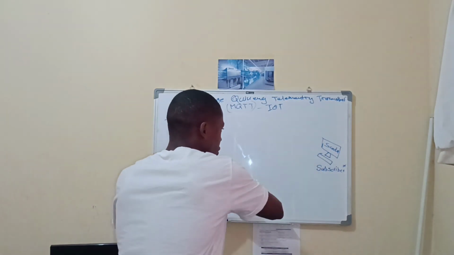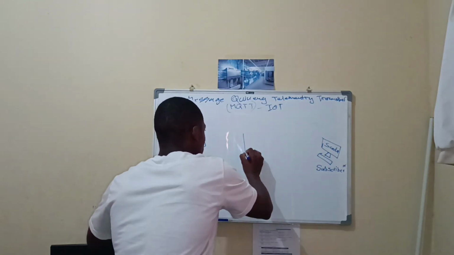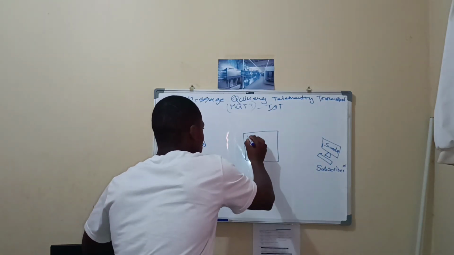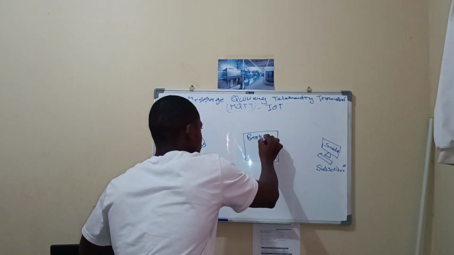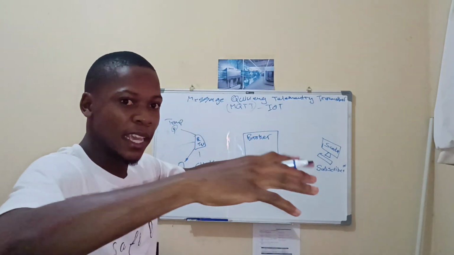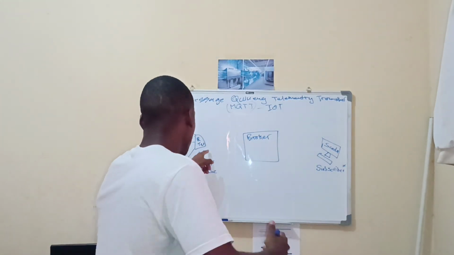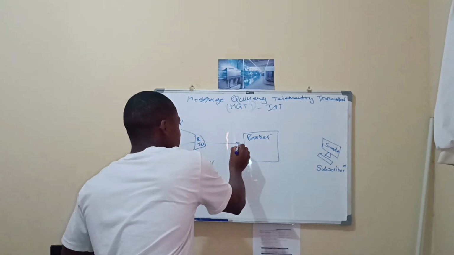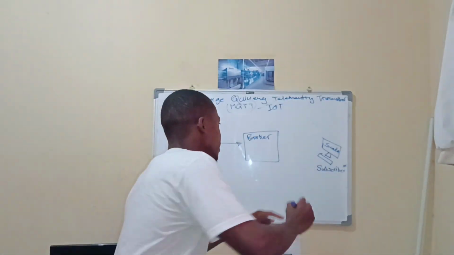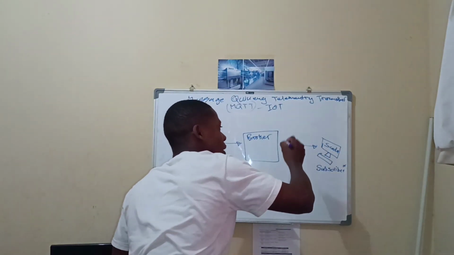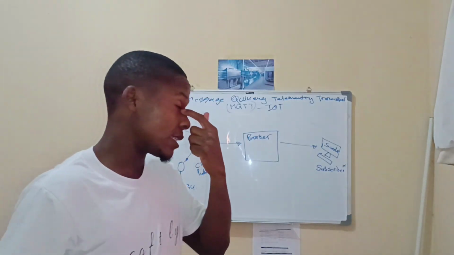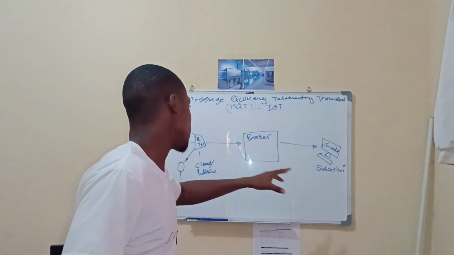So in between our communication here, we will have our broker. A broker is basically a cloud. It will receive data from our publisher and send to our subscriber what the subscriber is looking for.